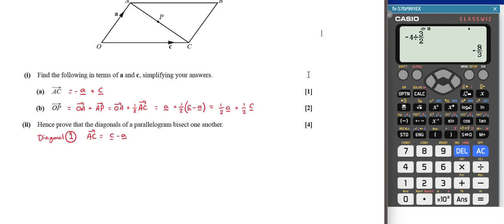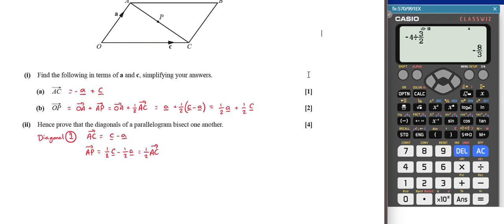AP we've already worked out. And we've already said that A to P is a half of C minus a half of A, or a half of AC. So we kind of knew that already from the description. We knew that P was in the middle of AC.